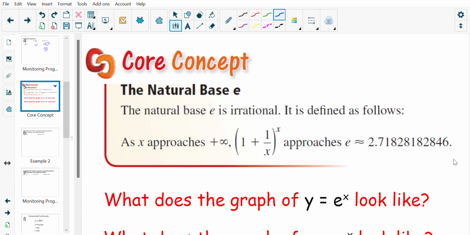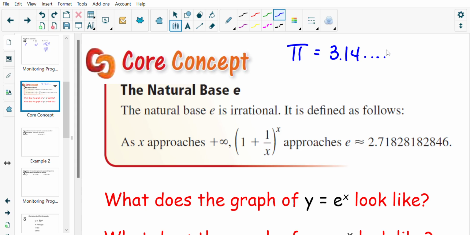Pi is the relationship between the circumference and the diameter of a circle. It doesn't matter what size of circle we have, pi is always going to result in 3.14, etc., etc. So it's very similar. E is that constant of 2.71.